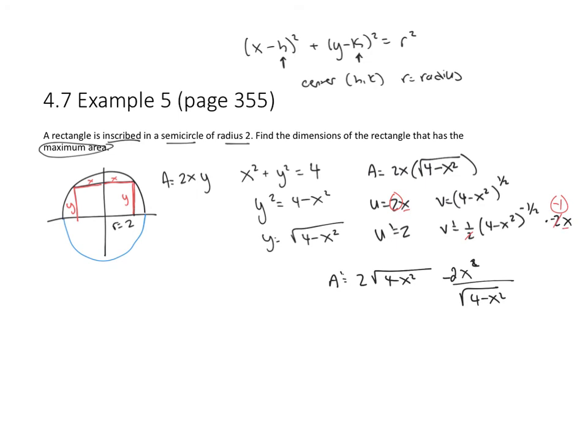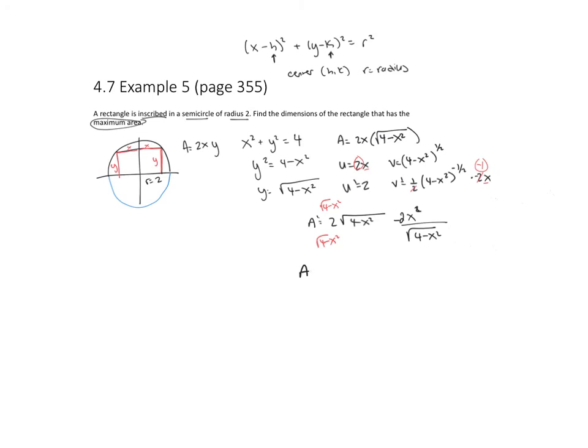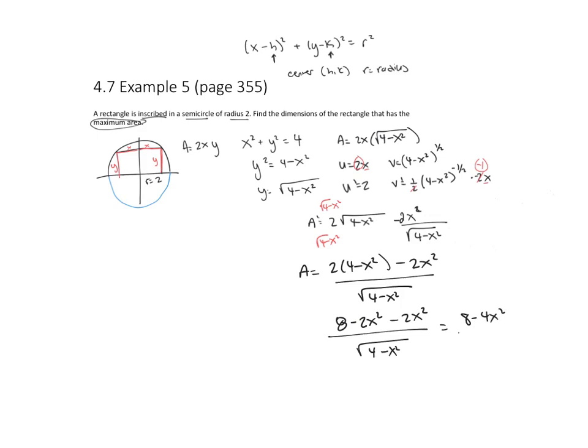Now, in order to simplify, I need to multiply both the numerator and the denominator by the square root of 4 minus x squared in order to have a common denominator, and then I can simplify my numerators. So my derivative is going to be 2 times 4 minus x squared minus 2x squared all over the square root of 4 minus x squared. So that's 8 minus 2x squared minus 2x squared all over the square root of 4 minus x squared, or 8 minus 4x squared all over the square root of 4 minus x squared.